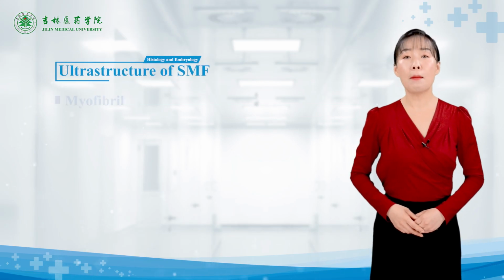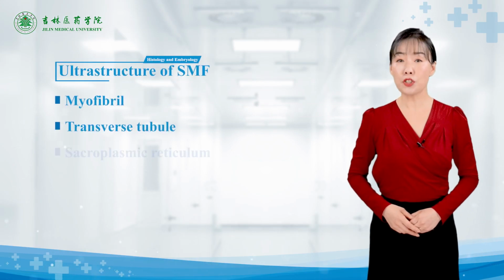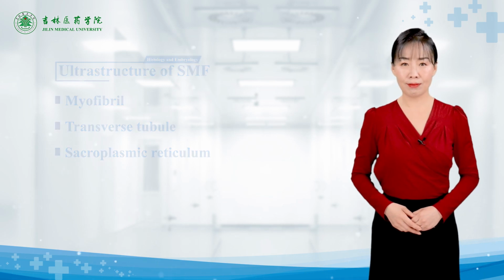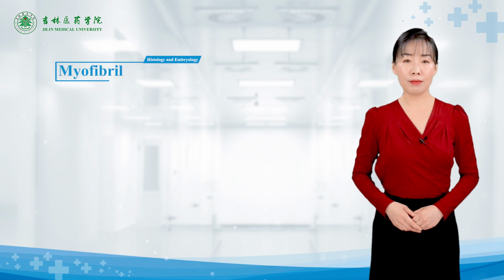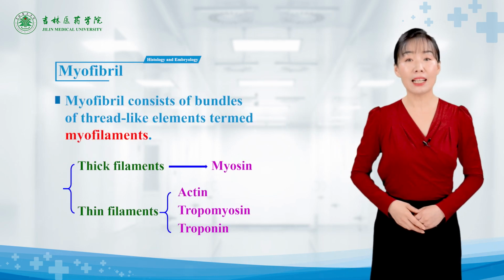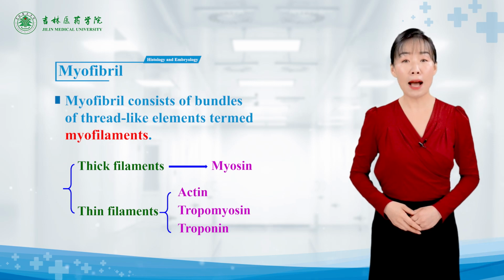Ultrastructure includes myofibril, transverse tubule, and sarcoplasmic reticulum. Myofibril. Myofibril consists of bundles of thread-like elements termed myofilaments, including thick filaments and thin filaments.